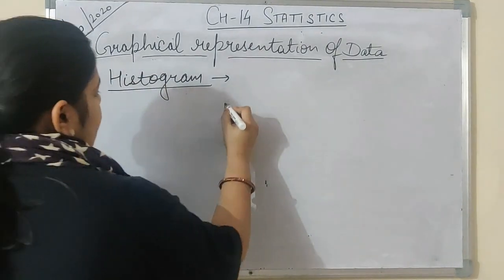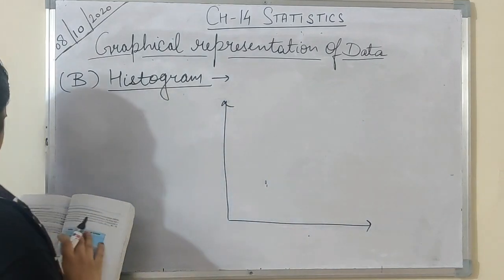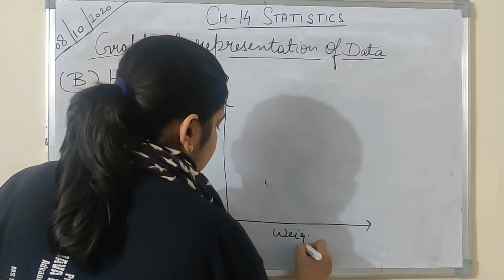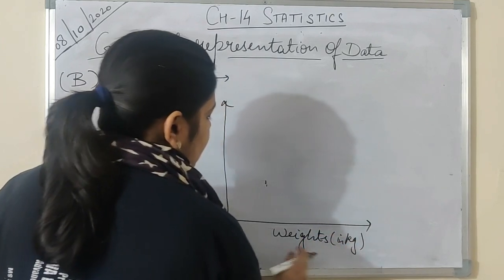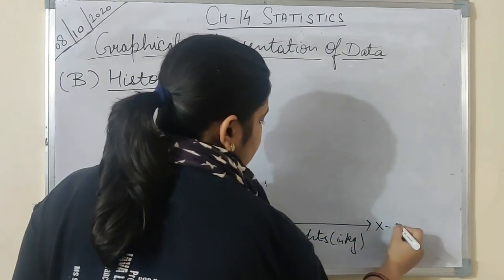So how do we make the histogram? Again, we will write our first column here, that is weights in kg. We have to draw information regarding weights, so I will draw it here.